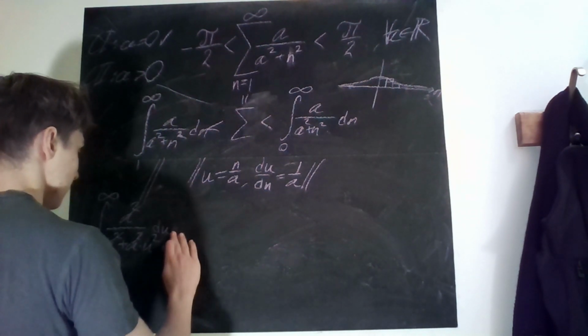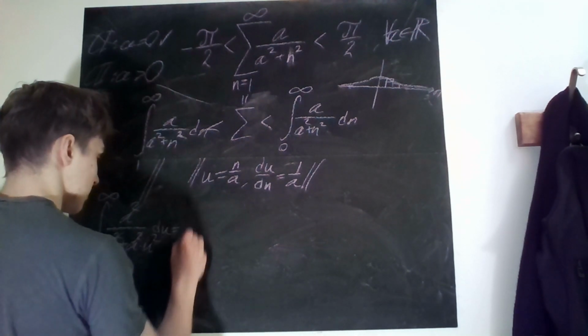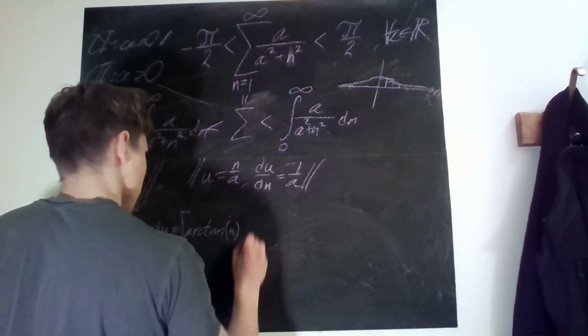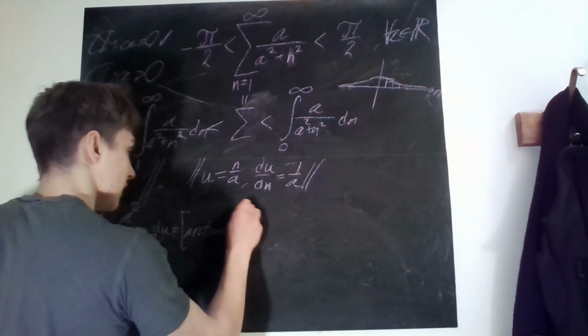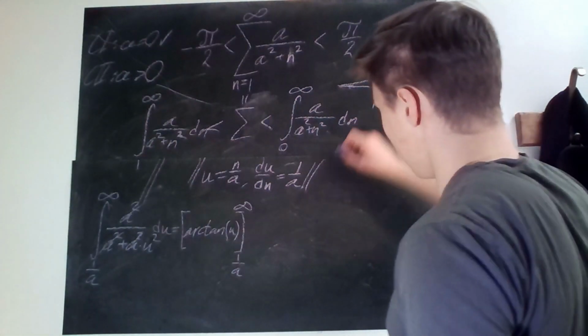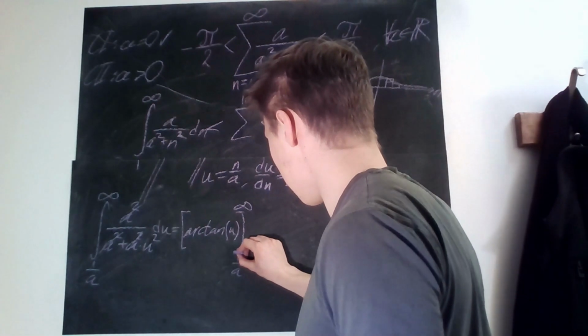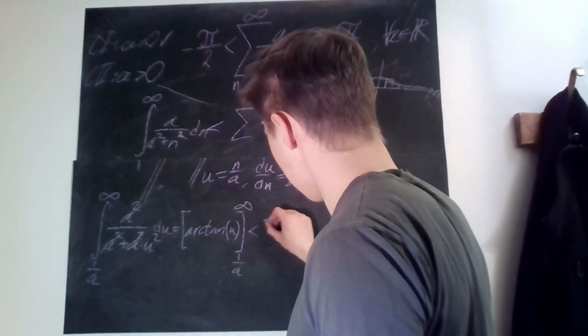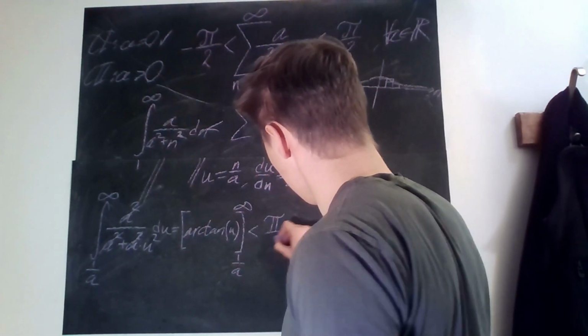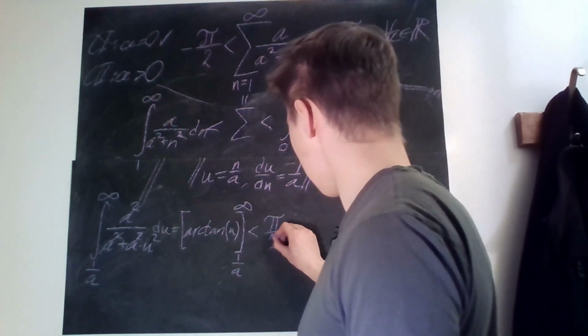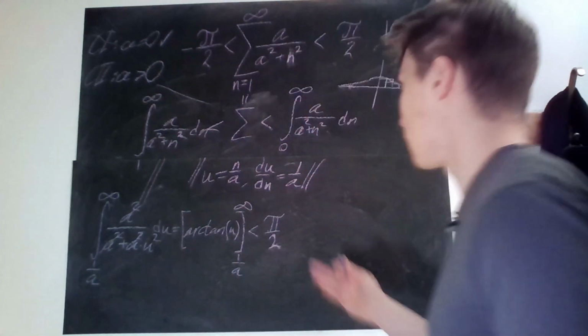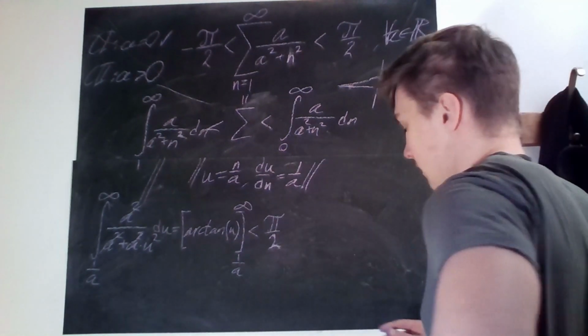And this is just arctan of u from 1 over a to infinity. And this one we can instantly say is less than pi over 2, since we are subtracting an arctan of a strictly positive number.